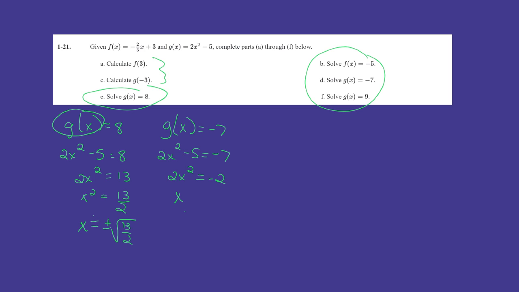And then we're going to divide by 2. So that is not going to be a real answer. So you will not have this in your table, because we cannot do a square root of -1 at this point. It's an imaginary number, so non-real.